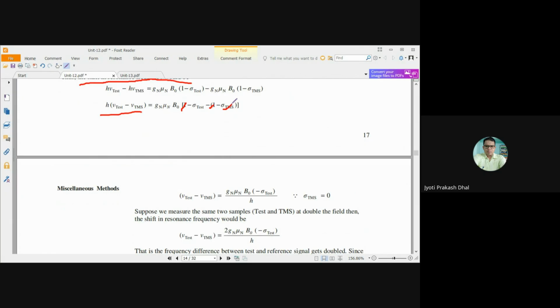Why is that 0? Because there are 12 equivalent protons, so the chemical shift of the reference is considered to be 0. With sigma TMS as 0, we find that nu test minus nu TMS equals gamma n mu n B naught whole into minus sigma test divided by h.